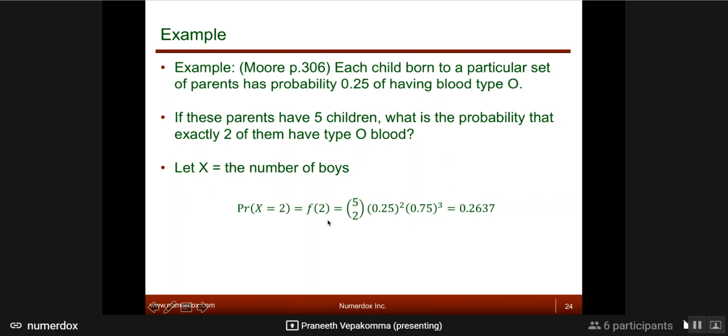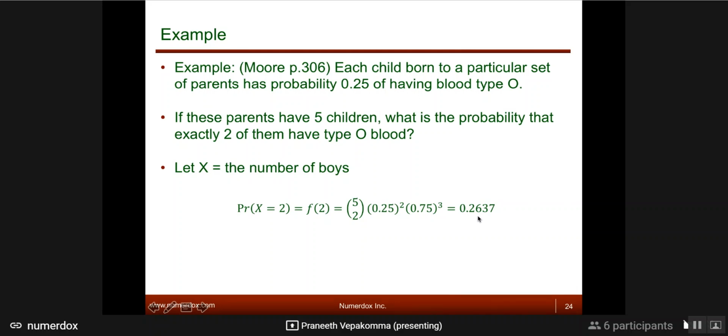The probability of x equal to 2 is given by 5 choose 2, 5C2, times P power x, so P power 2 times Q power n minus 2, because they gave you that the success probability is already given as 0.25. So the failure probability is 1 minus 0.25. So apparently it ends up to be about 0.26, definitely less than half.